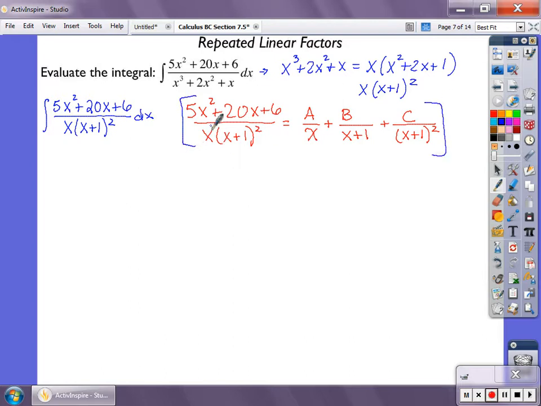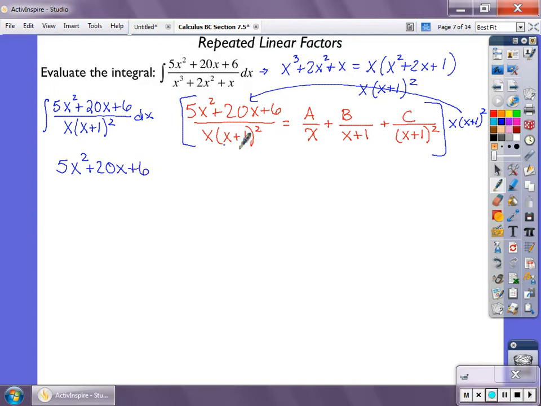Now what we'll do is multiply by the least common denominator, which in this case is just written right over here, x times x plus 1 squared. Now, all the way over here, this and the x times x plus 1 squared in the denominator will reduce. We'll be left with 5x squared plus 20x plus 6. That's all that's left over.